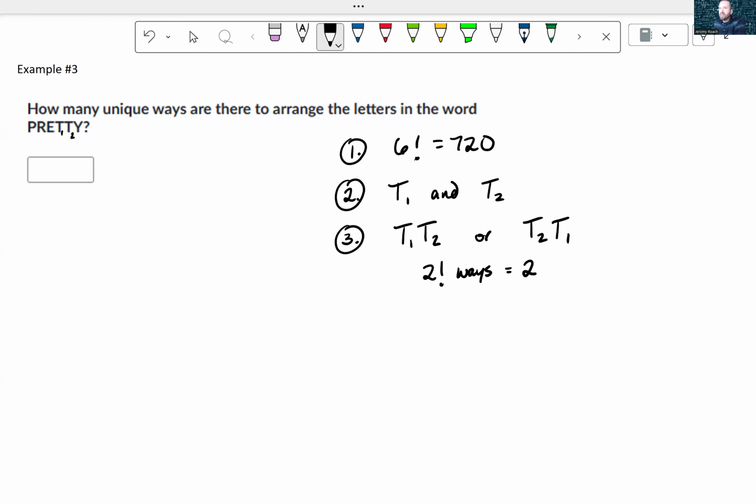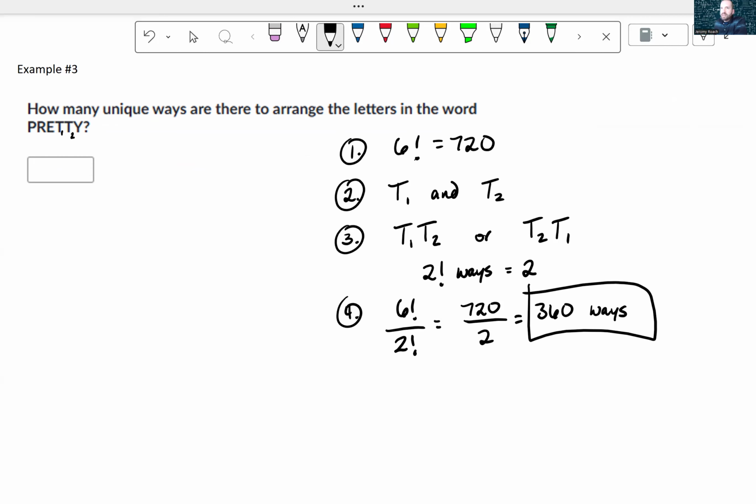So we're not just going to use the fundamental counting principle and multiply. We're going to divide by 2 factorial. So for our final answer, we're going to write 6 factorial divided by 2 factorial. And this is 720 divided by 2, or 360 ways to arrange the word pretty.